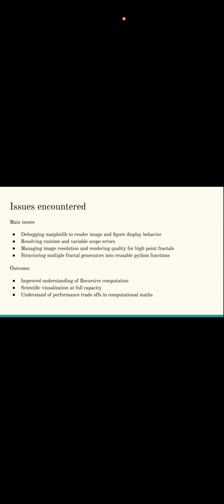So some of the issues encountered throughout this presentation included debugging of matplotlib to render image and figure display behavior. As with the images I showed you, there were some issues rendering them at a proper resolution.